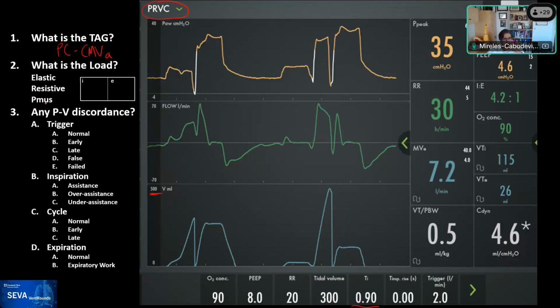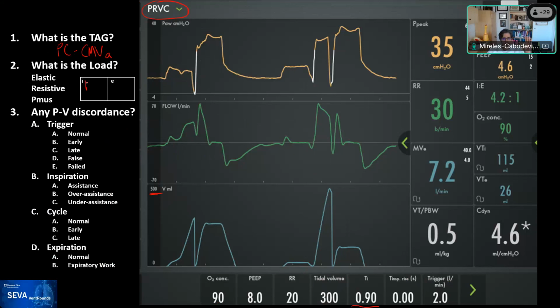All right? Now, what is the load during inspiration? Try to take a look at this and come to terms. Yeah, I think that everybody had it ready. The PMUS, or your super fast typer, these days everybody's talking about PMUS.